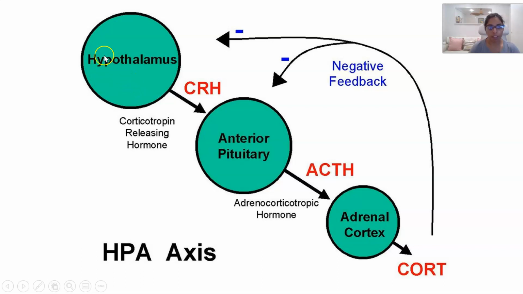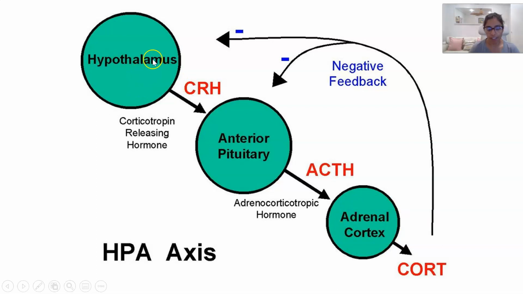So this hypothalamus will secrete a releasing factor, and that will stimulate the anterior pituitary gland to secrete more ACTH, which is adrenocorticotropic hormone. And this hormone specifically targets the adrenal cortex. So this is the part of the adrenal gland which lives on top of your kidneys.